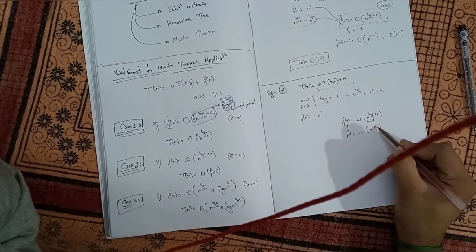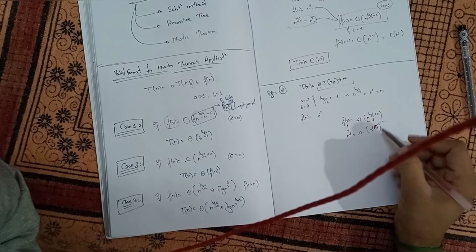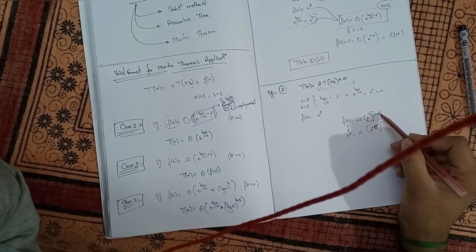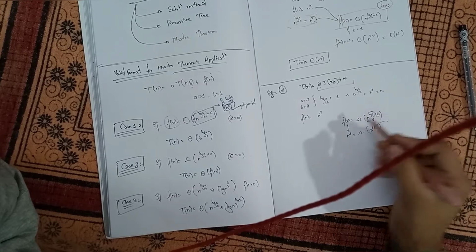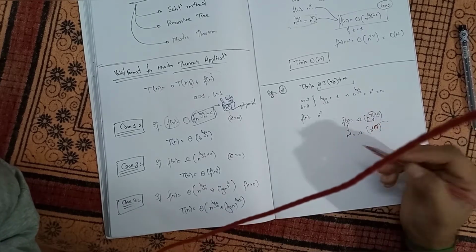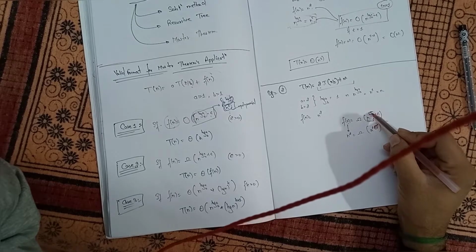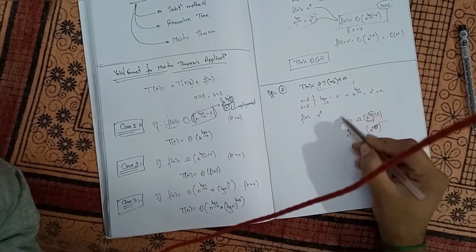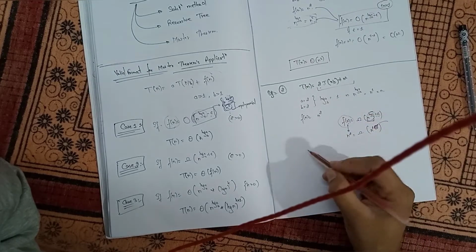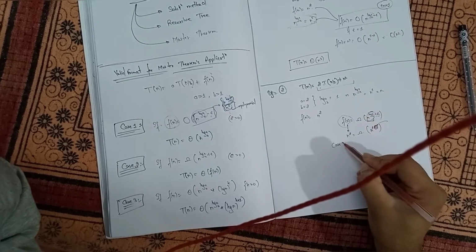So I am adding a polynomial factor. I need to multiply n power log a base b with a polynomial of n in order to reach the lower limit of f of n. That means f of n is larger, growing faster, asymptotically larger than n power log a base b. This implies it will contribute more towards asymptotical complexity of t of n. Therefore, I can say this satisfies case 2.